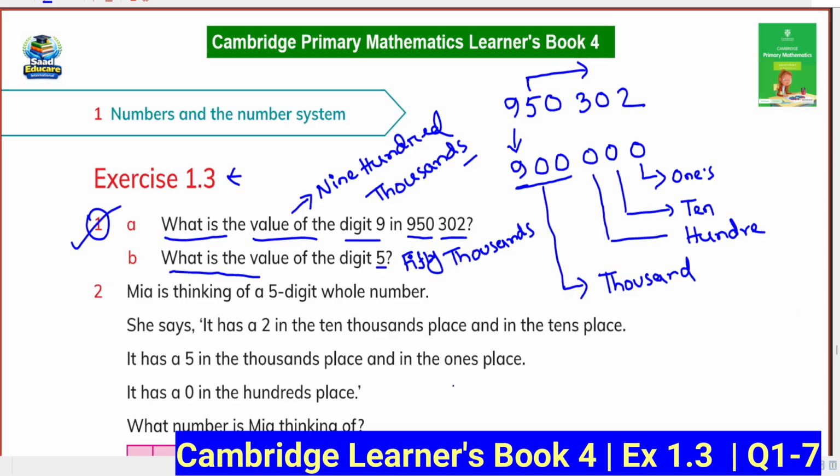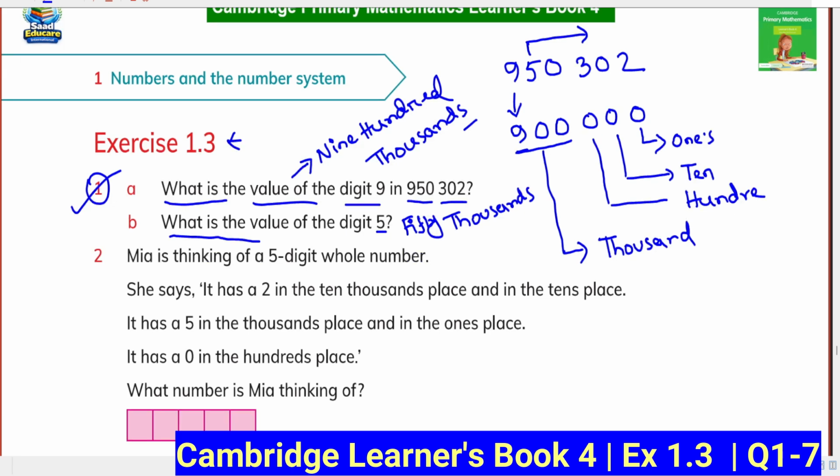Second question. Mia is thinking of a 5-digit whole number. She says it has a 2 in the 10,000 place. So let's look at this. Here is 0, 0, 0. It's the hundreds, then the thousands start: 1, 2, 3.